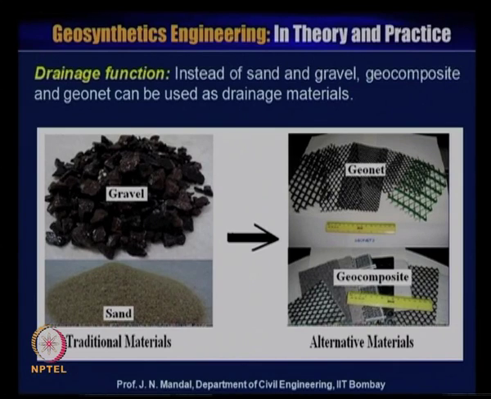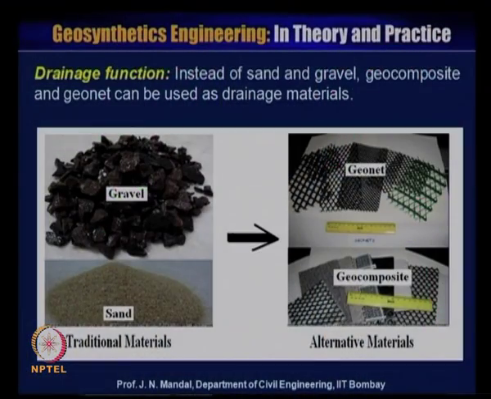It is also economical and clogging free. So you can use GeoNet and geocomposite as an alternative to sand and gravel for the drainage structure. So this is the second function, drainage.